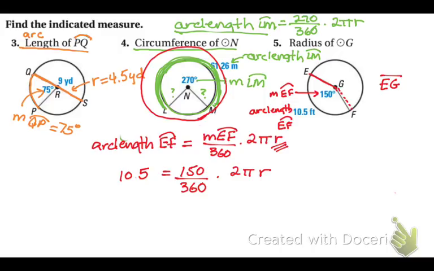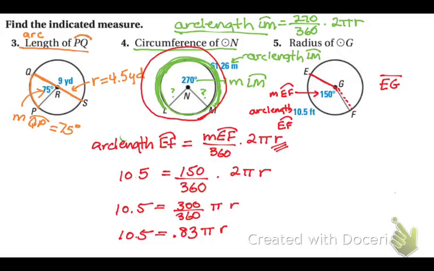So let's multiply. 10.5 is equal to 2 times 150, which is 300, divided by 360, pi times r. 300 divided by 360 is 0.83, so 10.5 equals 0.83 pi r.